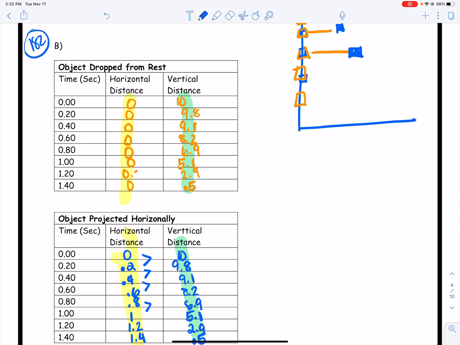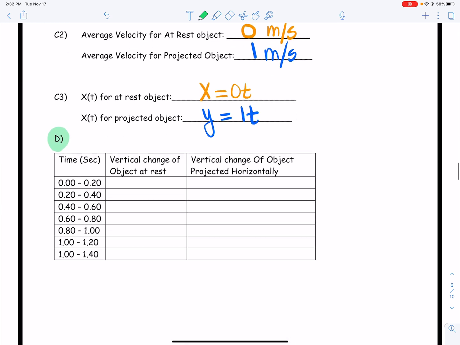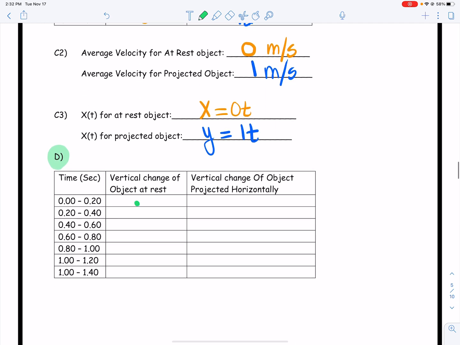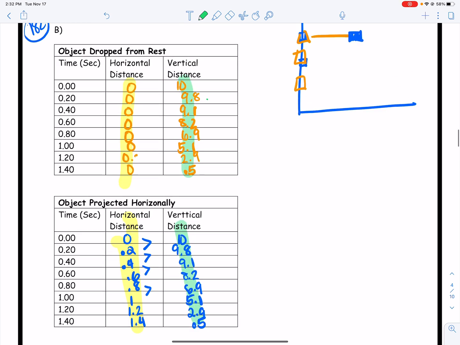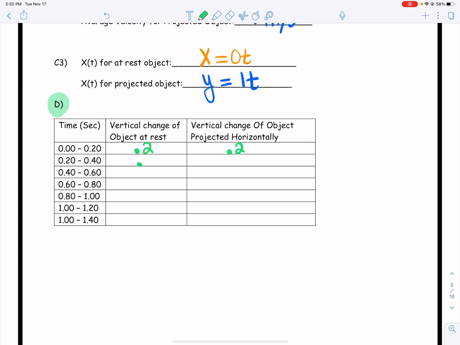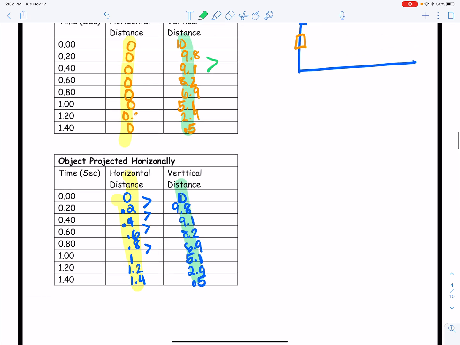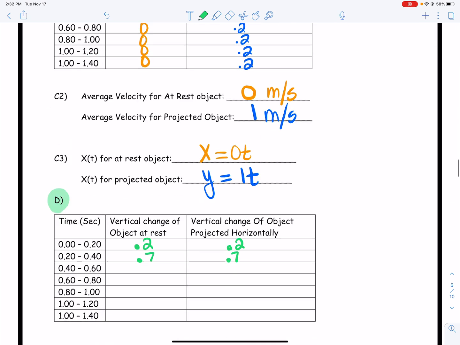I got about 0.2, but it's going to be the same for both of them, 0.2. Okay, and then if I look at the next one, what's my change here is 0.7. And if I look at my change for my next one, it's like 0.9.